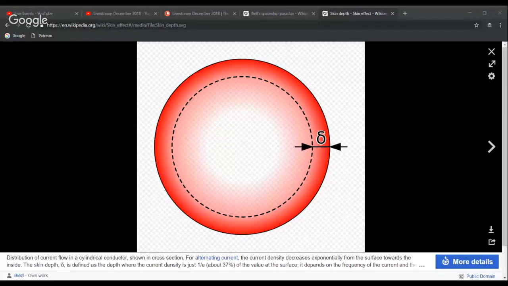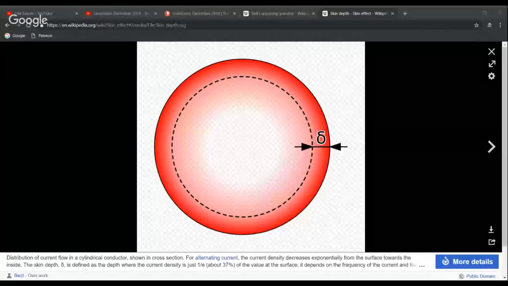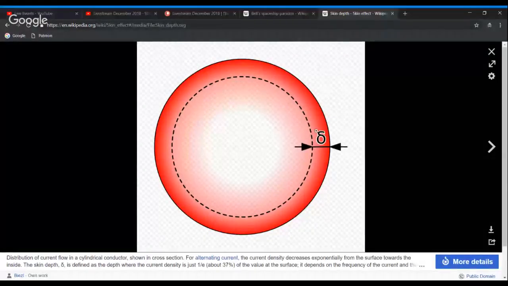And so right there, we've got a diagram. And that delta symbol right there is the width of the thickness, like how thick the skin is. It's called the skin depth.